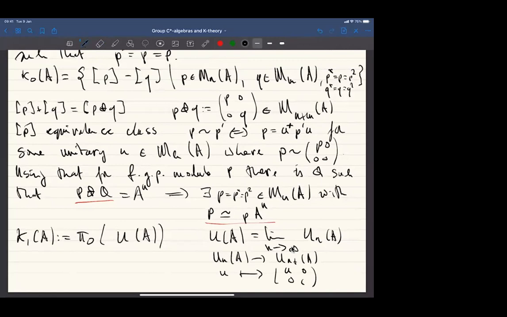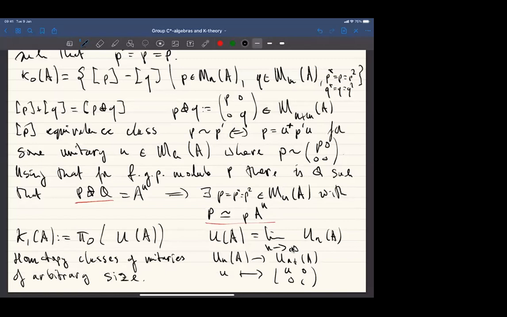We identify unitaries of different sizes, and we take the direct limit of these groups, and then we get some topological group of which we take the connected components. But you can also say K1 of A consists of homotopy classes of unitaries of arbitrary but finite size.